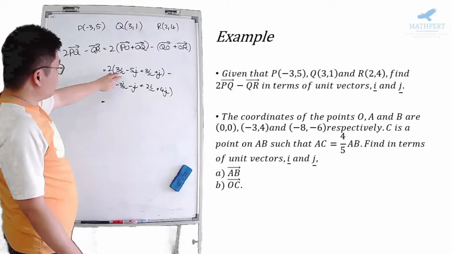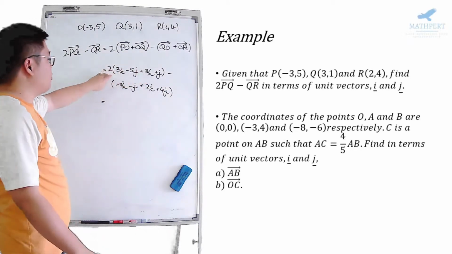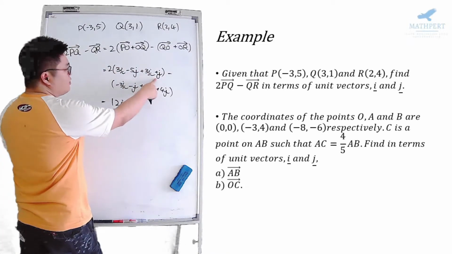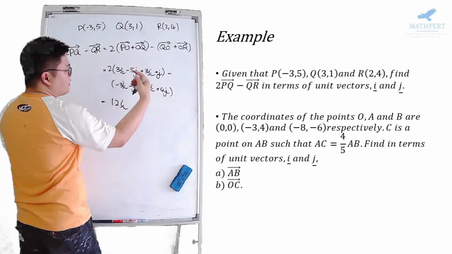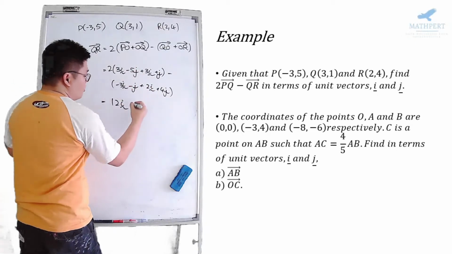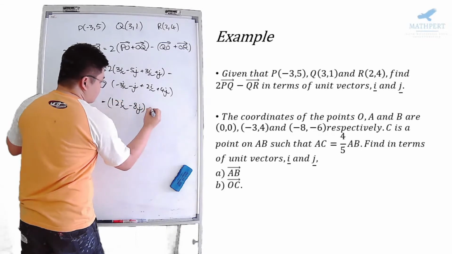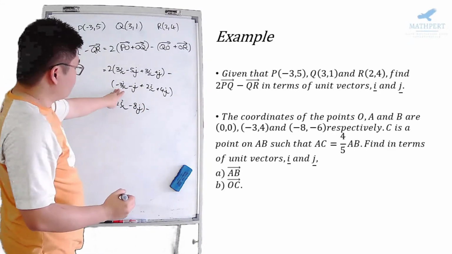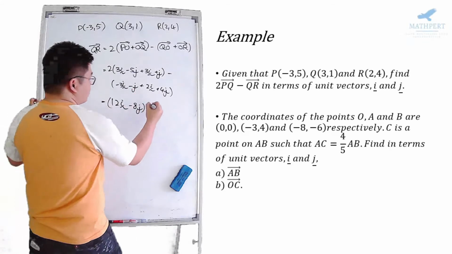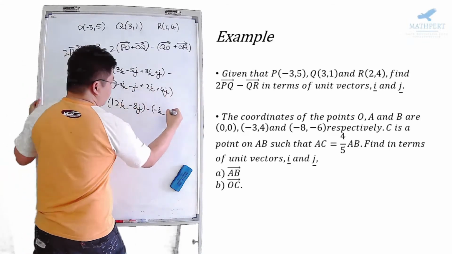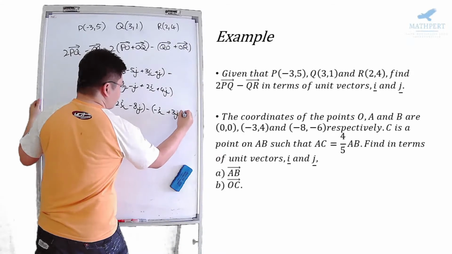So 3i, 6i, 6 multiply 2, I get 12i. Minus 5 plus 1, I get minus 4. Minus 4 multiply 2, minus 8j. Then minus 3 plus 2, minus i, minus j plus 4 plus 3j.